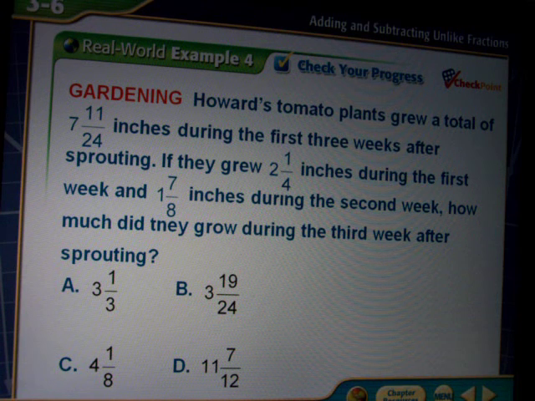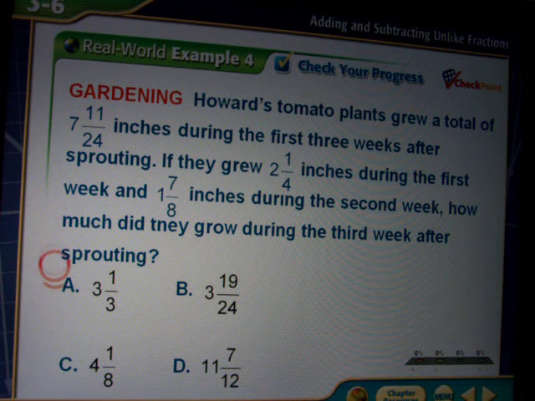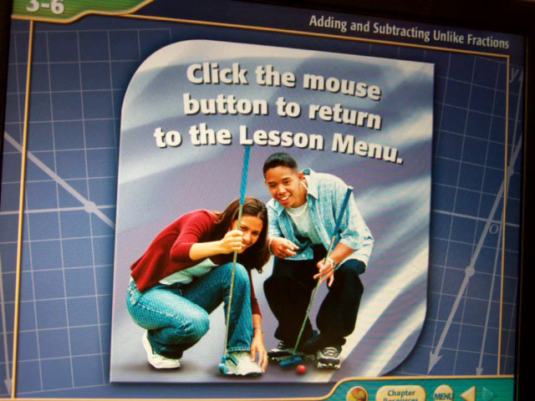So answer A, 3 1/3, B, 3 and 19/24, C, 4 1/8, or D, 11 7/12. And your answer is A. Hopefully you actually paused the video and solved it.